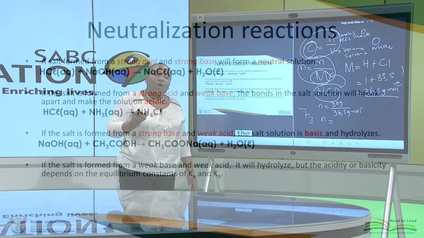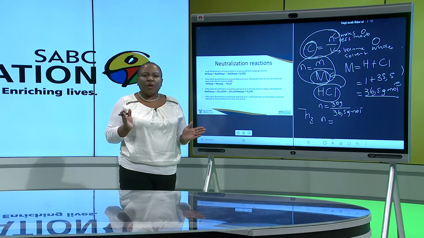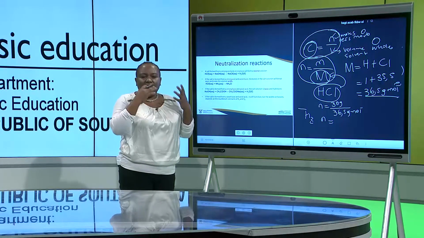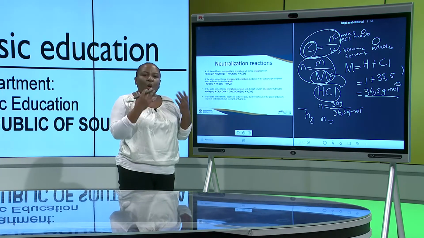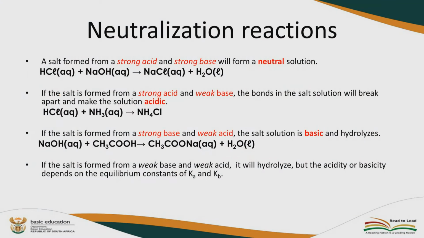It's different from the reaction whereby acids were reacting with water. When acids were reacting with water, it was not a neutralization, it was just a dissolution, or aqueous solutions. However, this one is based on the reactions of acids and bases. Now, when acids and bases react, it is not always that you will get neutral substances.